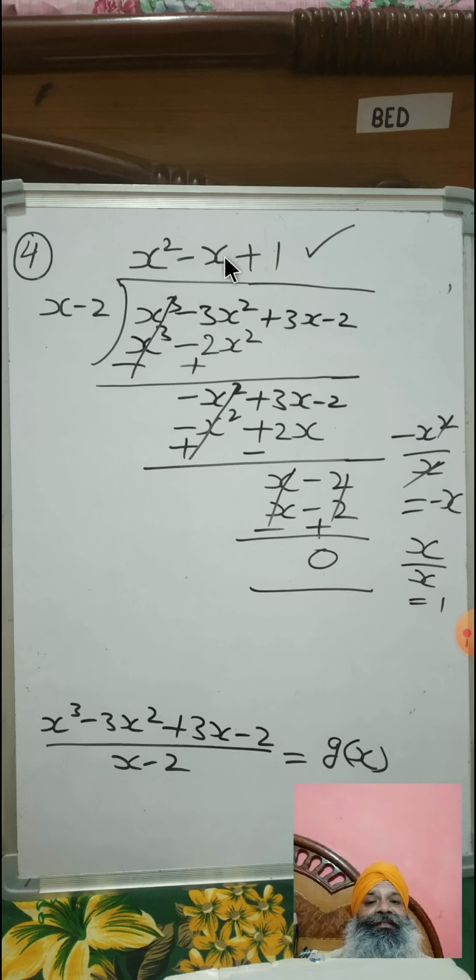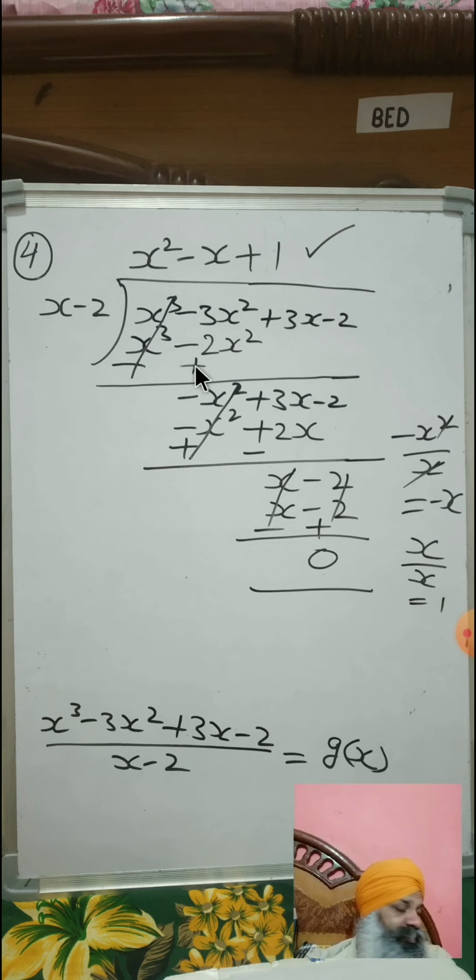Minus x is multiplied by x minus 2, and we get minus x square plus 2x. Now we subtract the lower polynomial from the upper polynomial. For this we change the signs of the lower polynomial terms, so minus becomes plus and plus becomes minus.